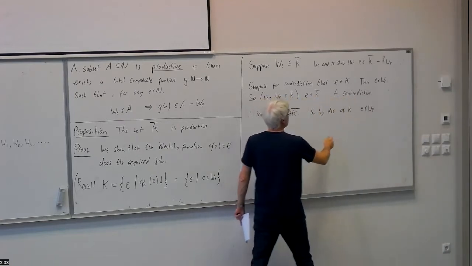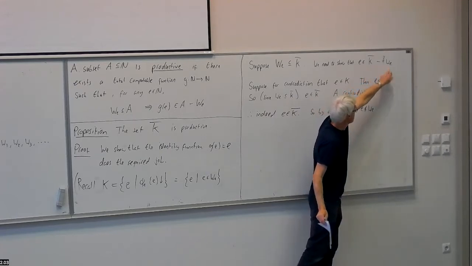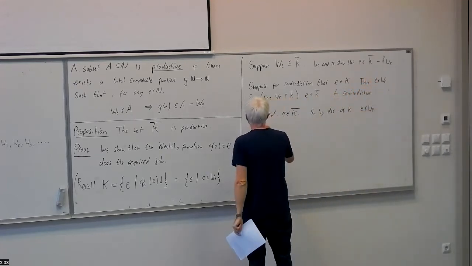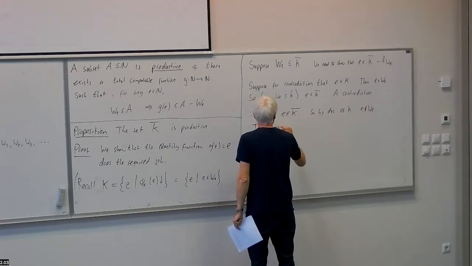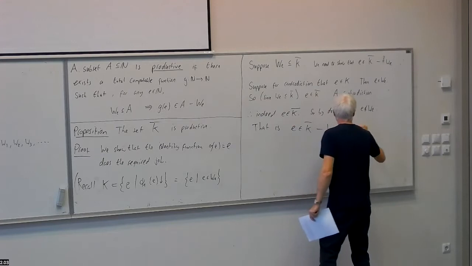As indeed, we've shown what we need to show, that E belongs to the complement of K and is outside of WE, as required.